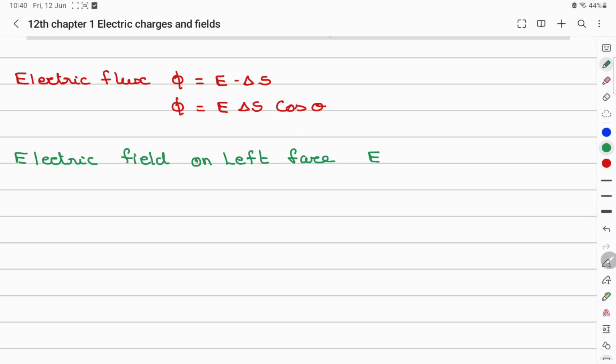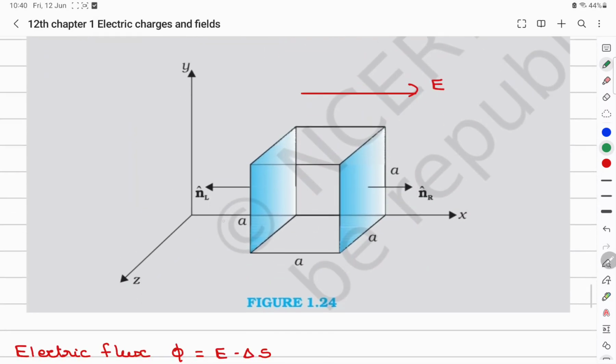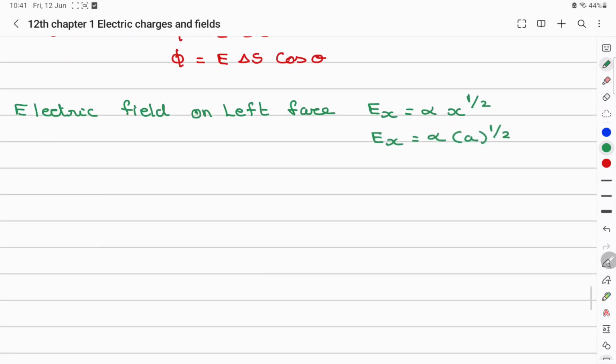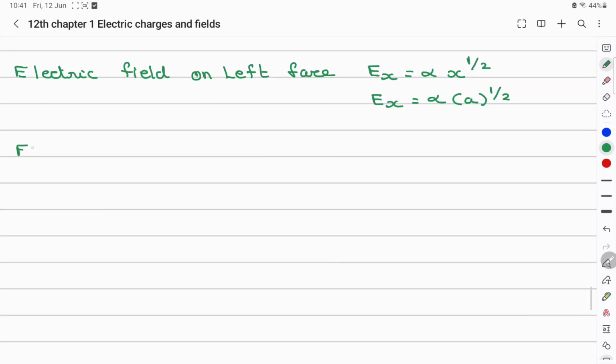So E of x is equal to alpha x power 1 by 2. E of x can be written as alpha a power 1 by 2, because the distance from the origin to the left face is a. And for this, the flux on the left face is phi of L, which is equal to E del S cos theta.